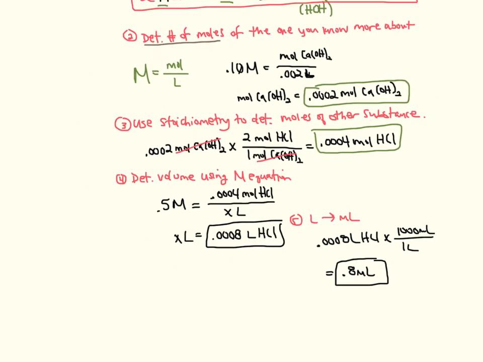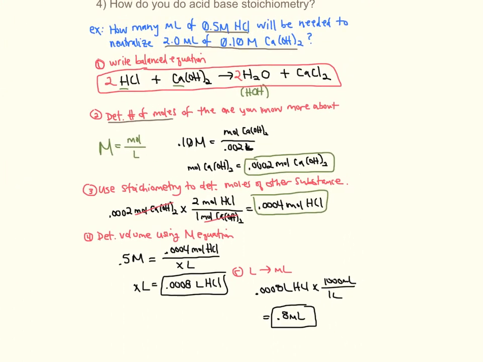So if I want to neutralize this calcium hydroxide at this concentration and this volume with this concentration of hydrochloric acid, I would need to measure out 0.8 milliliters, pour it into this solution, and I should end up with nothing but water and calcium chloride and none of these two things left over.